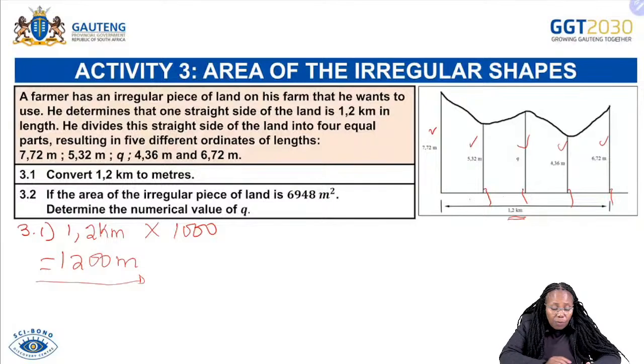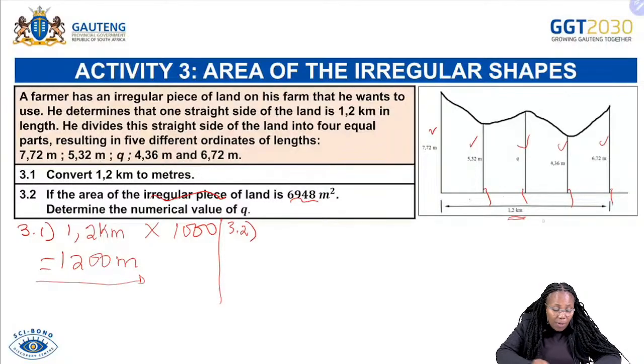And then now you need to 3.2. If the area of the irregular shape is 6948, determine the numerical value of Q. That means you are going to use this irregular piece area to find the value of Q. So out of this 1,200 meters now, you must divide this into equal parts.